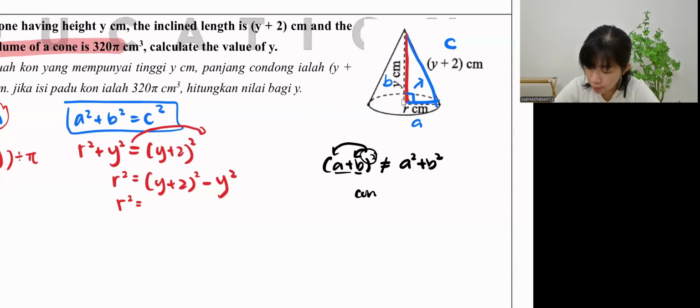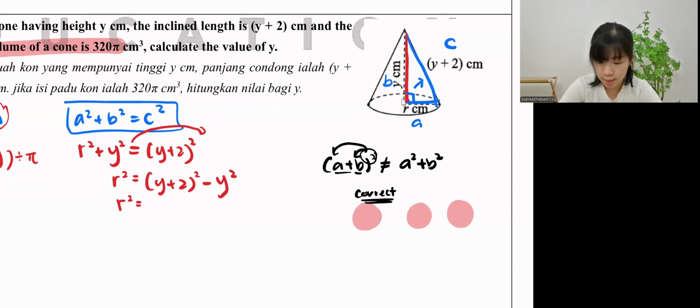Okay, the correct way will be, you will always get 1, 2, 3 things in the bracket. If it's plus, the first one plus, the last one always plus. Remember this. How do we get the first term? The first term, square: a square.